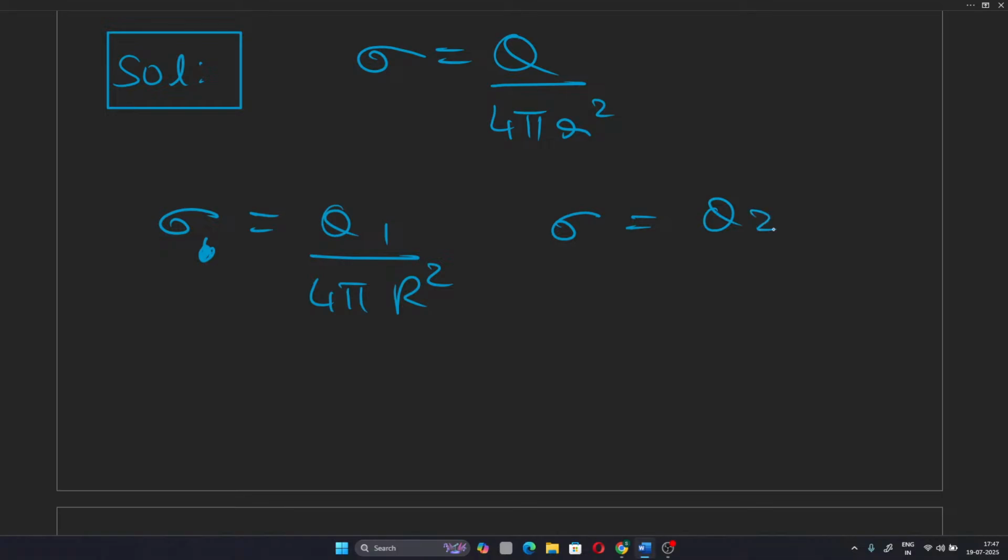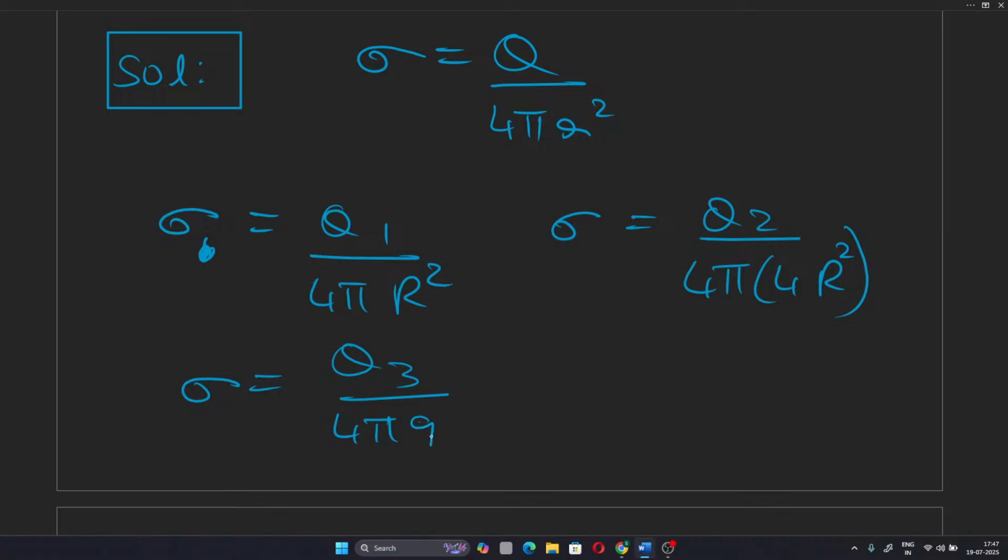Sigma equals q2 by 4 pi times 4r square, and sigma equals q3 by 4 pi 9r square.